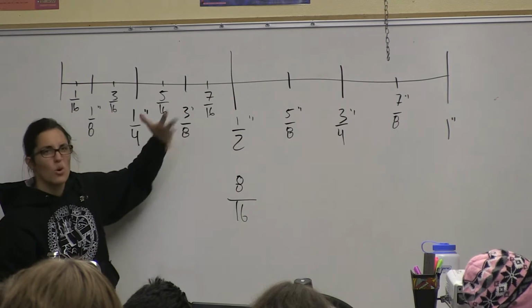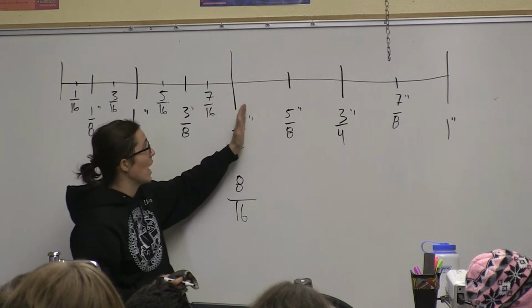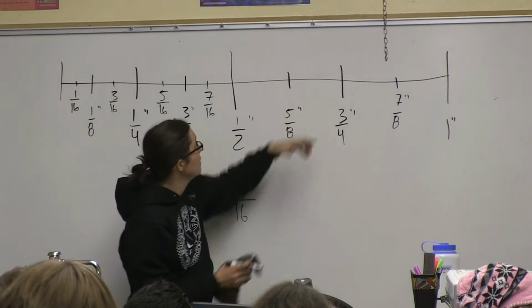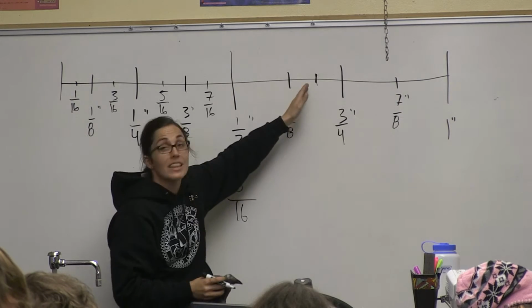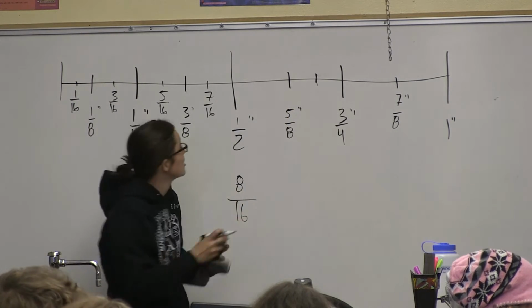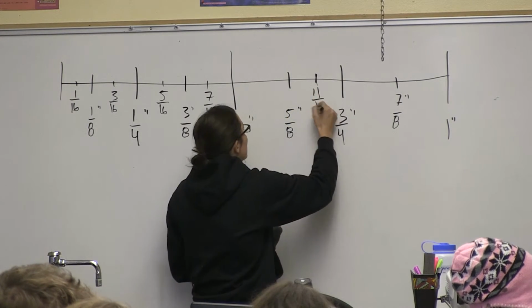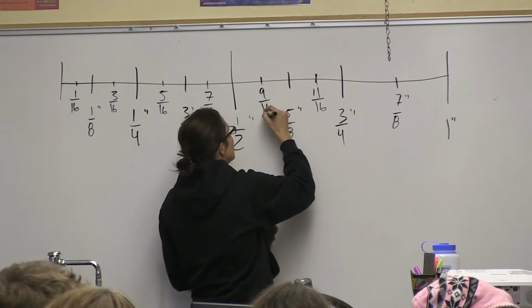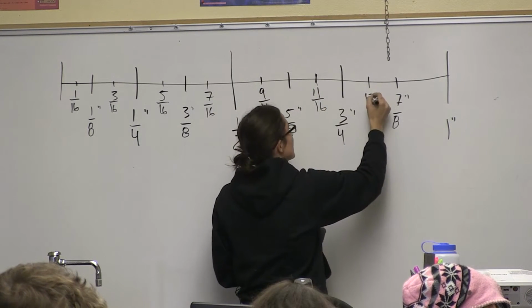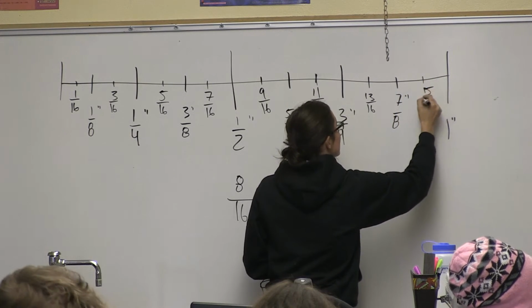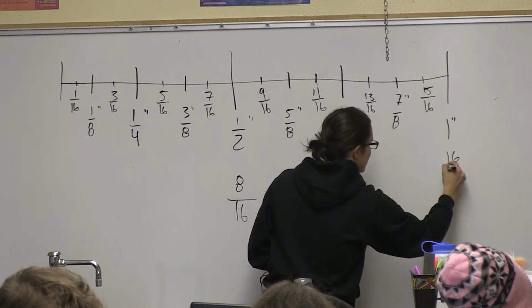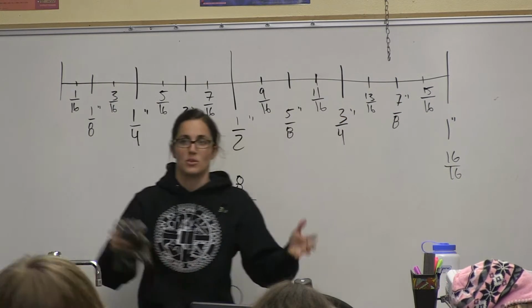That's a good one to know. I sometimes need to count up from 8 still. Like if my measurement was right here, I would have to go, okay, this is 8, 9, 10, 11. That's what I do. It's okay. 11, 12, 13 16ths. Am I off? Nope. 14, 15 16ths, and yay, 16 16ths is a whole.